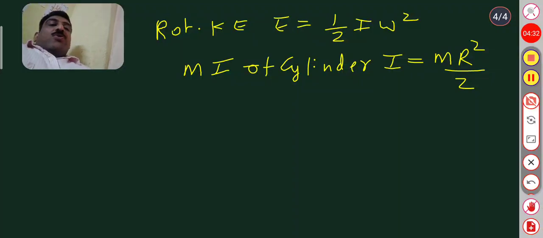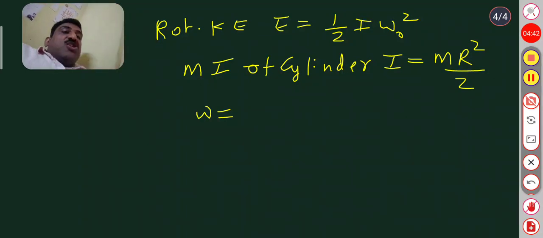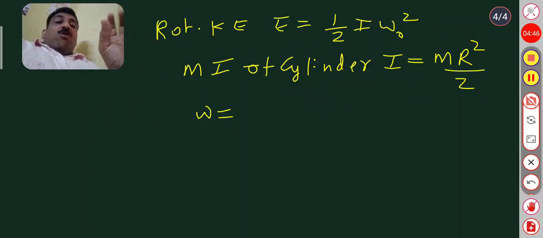So you can write omega as omega 0 square, because let omega 0 be the angular velocity attained by the wheel after 8 hours of rotation.